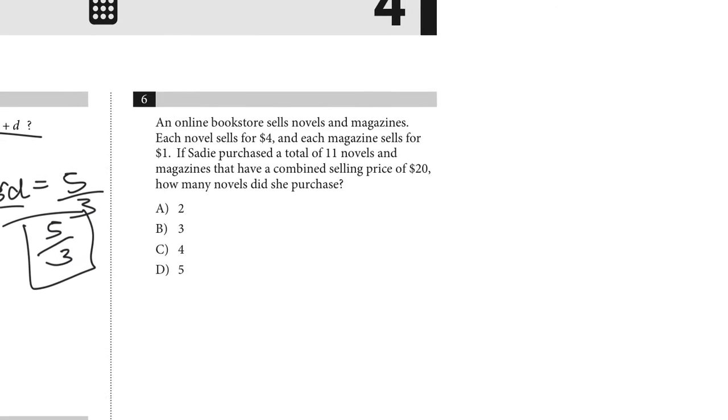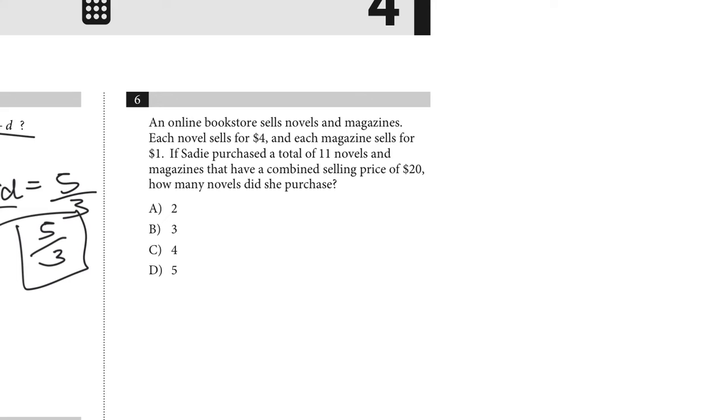Alright, let's look at the next one. 6. An online bookstore sells novels and magazines. Each novel sells for $4, so 4N, and each magazine sells for this much, so 1M. If Sadie purchased a total of 11 novels and magazines that have a combined selling price of $20, how many novels did she purchase?